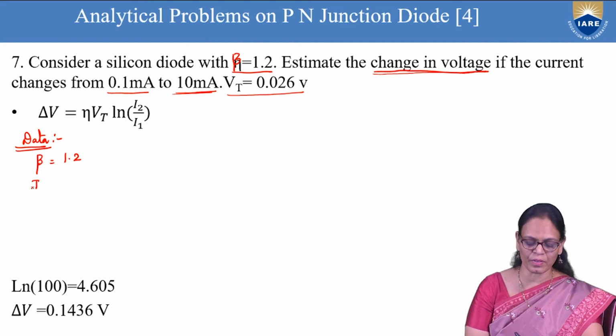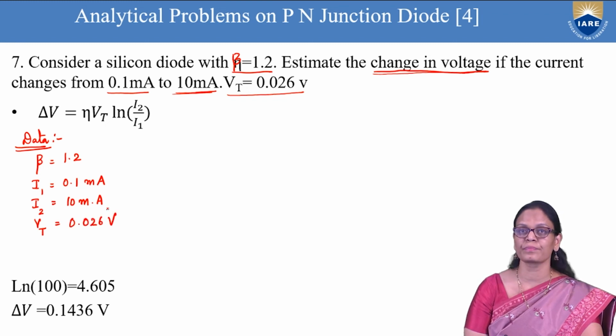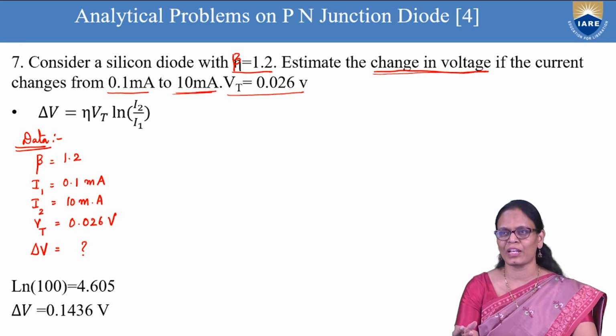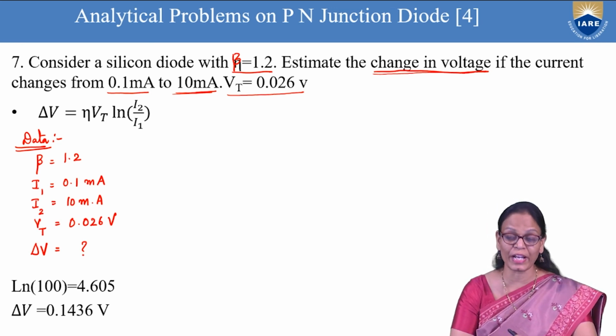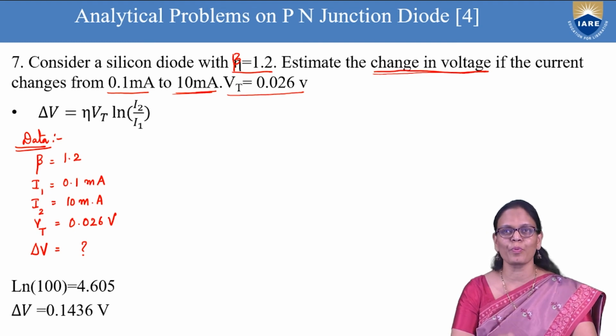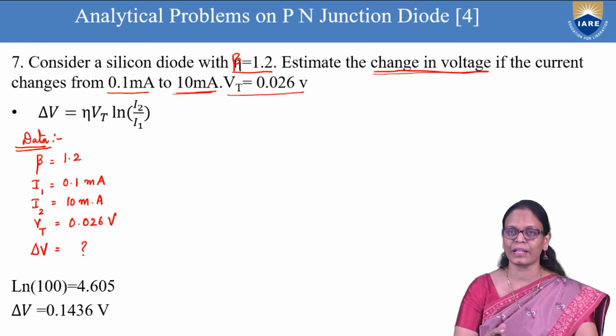And the current is given I1 is equal to 0.1 milliampere and I2 is equal to 10 milliampere and the thermal voltage Vt is equal to 0.026 volt. We have to find delta V, that is the change in voltage. Means when the current varies, there is a change in voltage. So we have to find that change in voltage where the current changes from 0.1 milliampere to 10 milliampere.